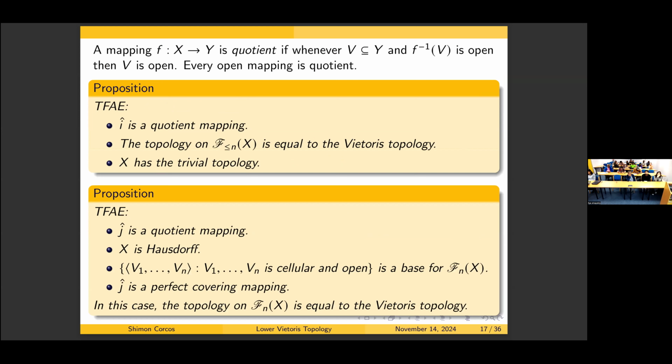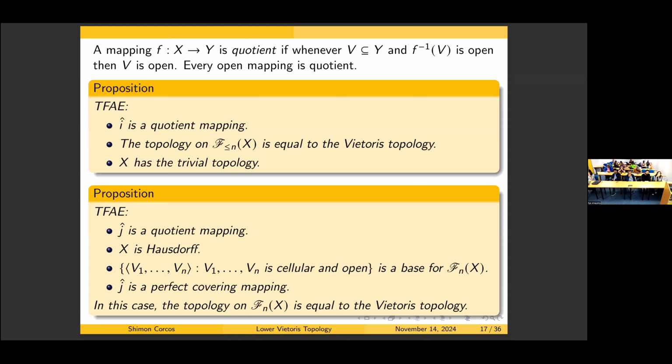So here I describe when I hat and J hat could be open, but not just open, something more general: when they are quotients. A mapping f from X to Y is quotient if, whenever you have a subset of Y whose pre-image is open, then that set must be open in Y. Every open mapping is quotient.